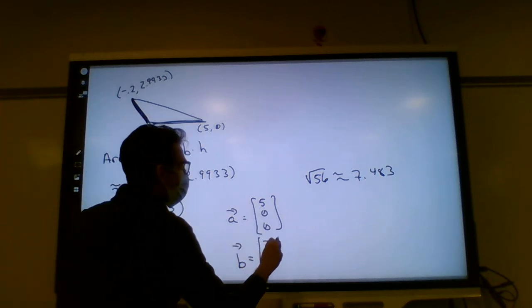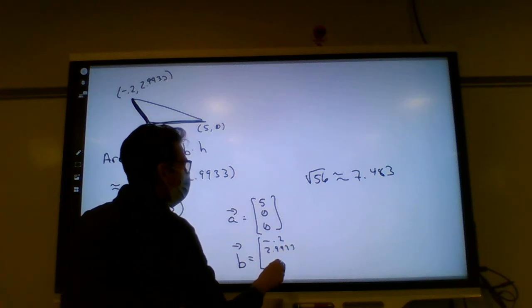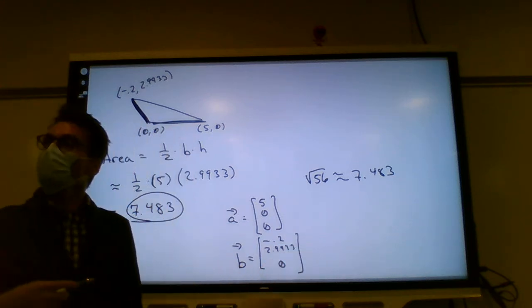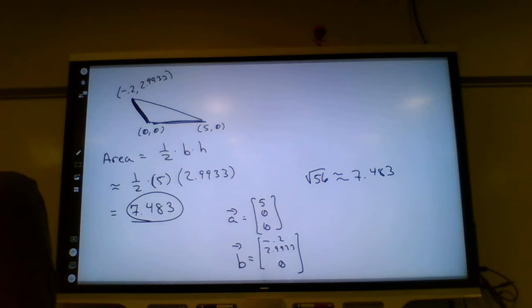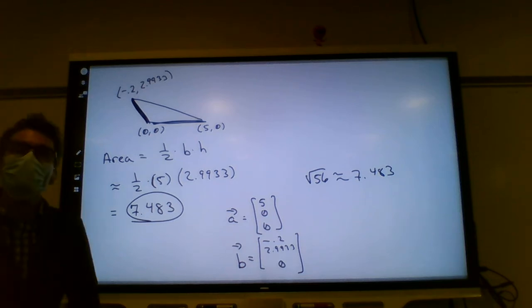So negative 0.2, 2.9933, 0. And if we did the cross product and then calculated the length of that vector and then divided that by 2, you can check it. We've already proved that it works. You get the same answer. All right, so which would you want to use if you wanted the area of that particular triangle?